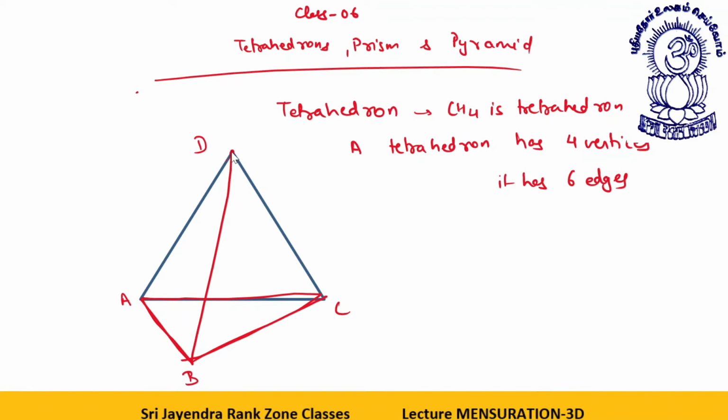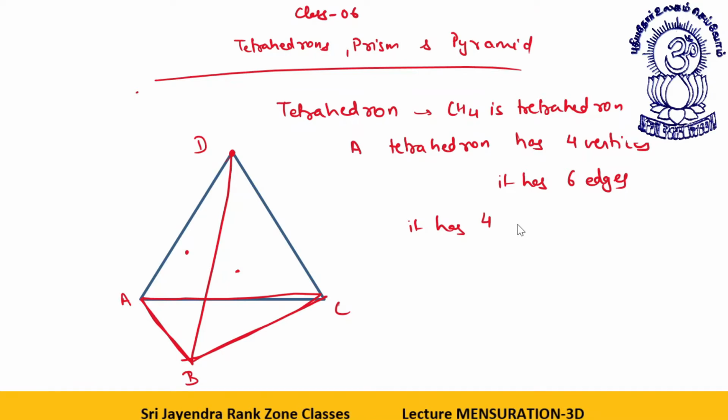Then if I join the top vertex to the three base vertices, one, two, and three, so it has three plus three, six edges. And how many triangular faces does it have? It has three triangular faces on the lateral sides and one along the base.